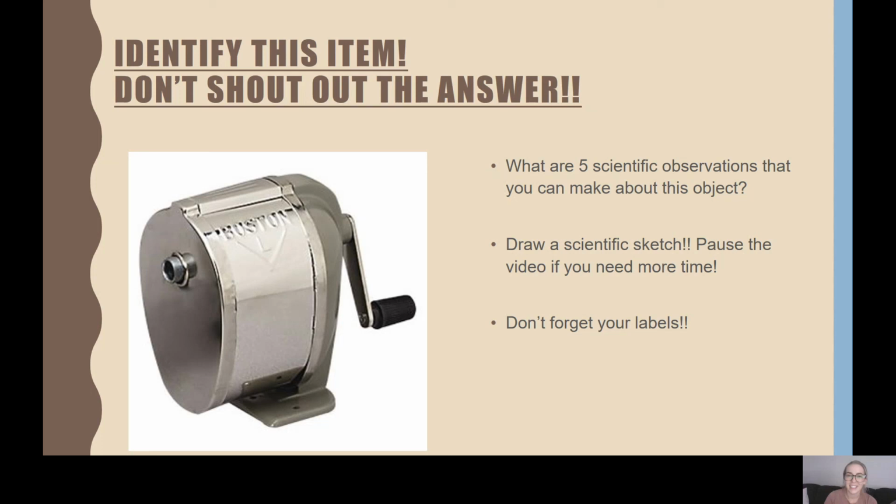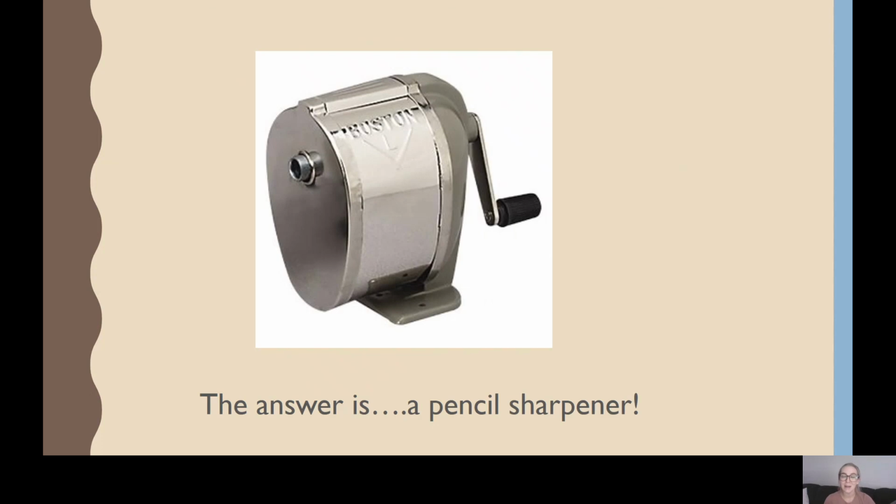No cheating. Okay, it's a pencil sharpener. So this was actually the pencil sharpener that Ms. Kinsler had in her 3rd grade classroom. So you would put your pencil in this little hole on the left side. Sorry, I have the hiccups. And you would use this lever to turn it around to sharpen the pencil.